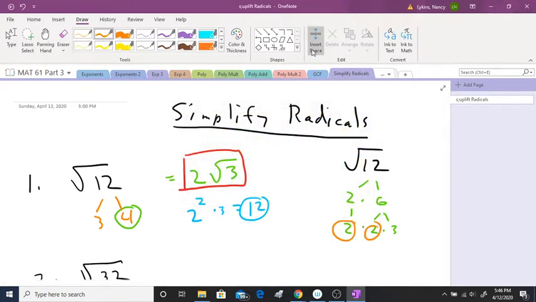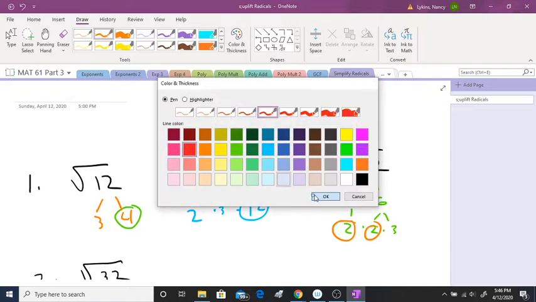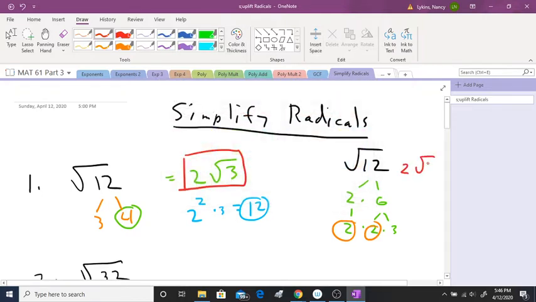So it means the 2 comes out and 3 stays under. So take a look at either one, whether you do 3 times 4 or 2 times 6. They both give you the same answer. So for me, I don't care which way you use. I always try to look for the perfect square.